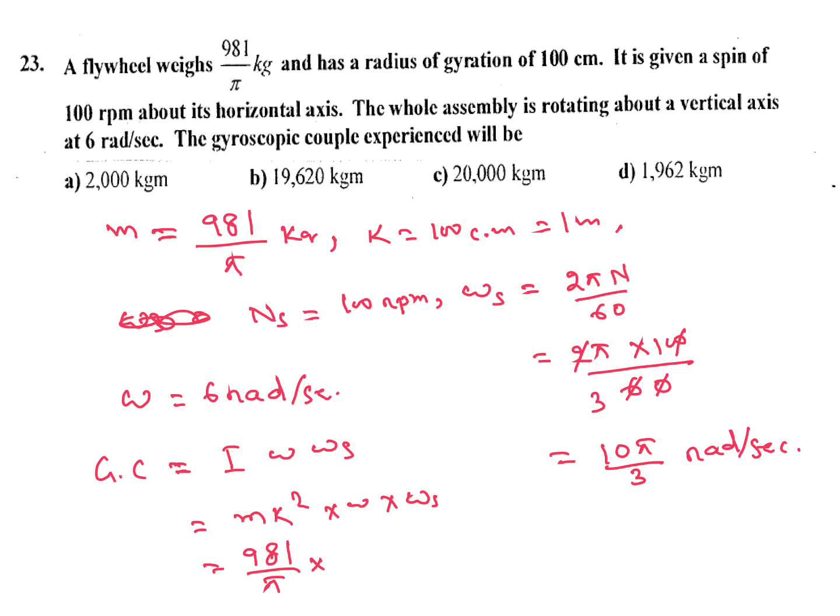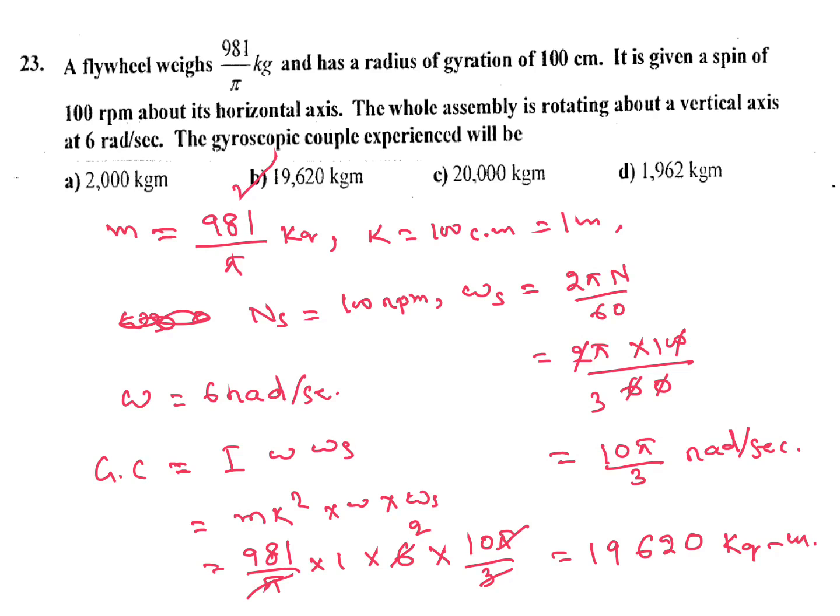Omega is 6 and spin is 10 pi by 3. Pi cancels, 3 into 2. So 981 into 2, it's 19620 kg meter. From the options, B is our answer.